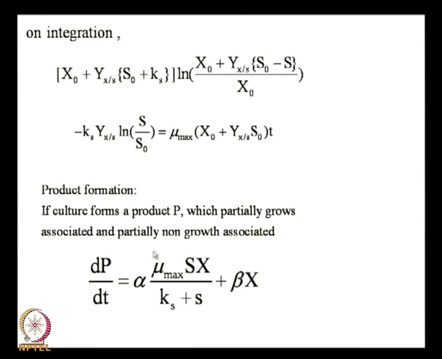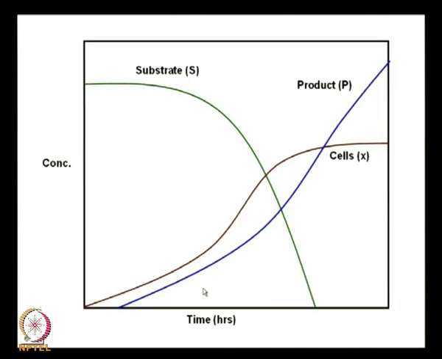Because of the Monod growth model there is a level of saturation, but in this case the level of saturation would change. So this is how it looks.